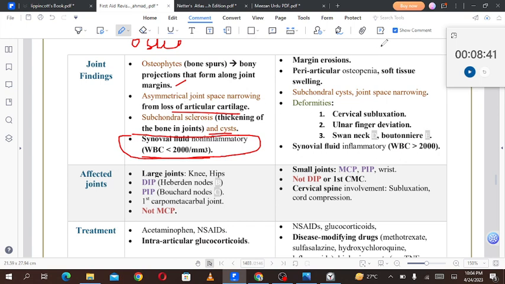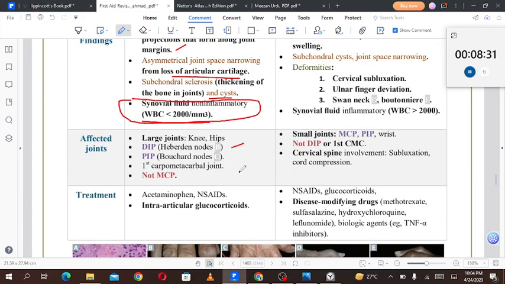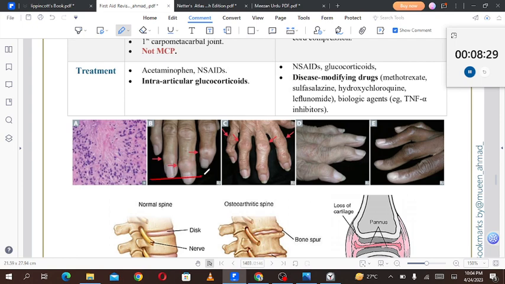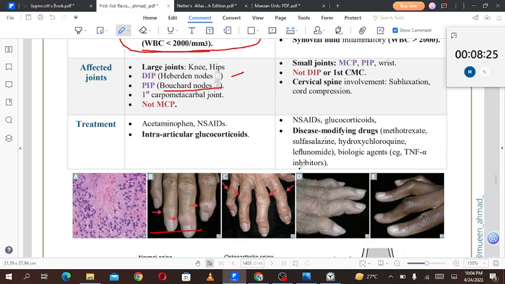The affected joints are large joints, which can be the knee or hips, and the distal interphalangeal joints, which is called Heberden nodes. So in picture B, you can see the Heberden nodes over here, and then the proximal interphalangeal joint, which is called the Bouchard nodes. These are the Bouchard nodes, and these are the Heberden nodes. Both of them are seen in the case of osteoarthritis.